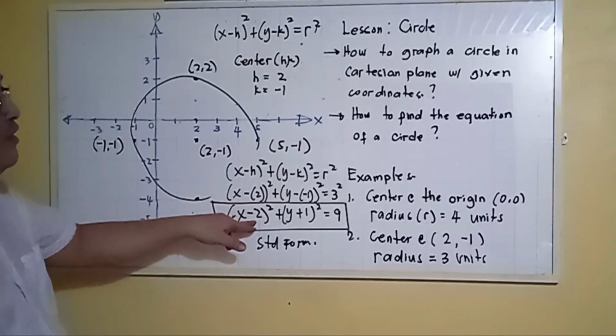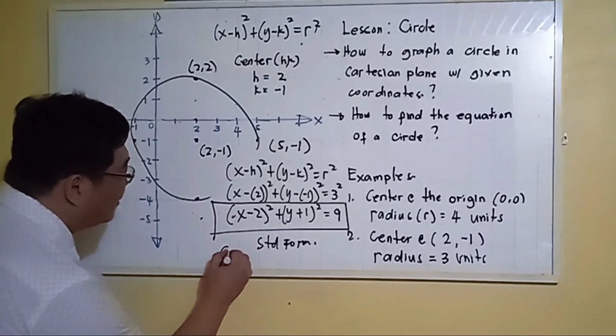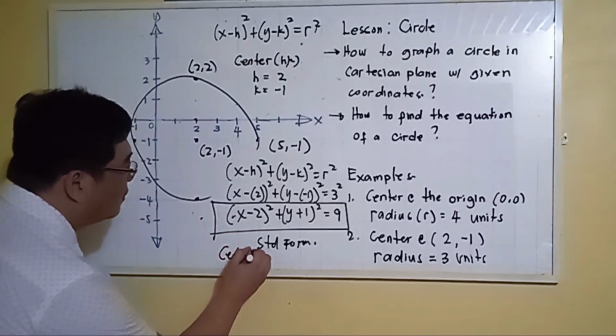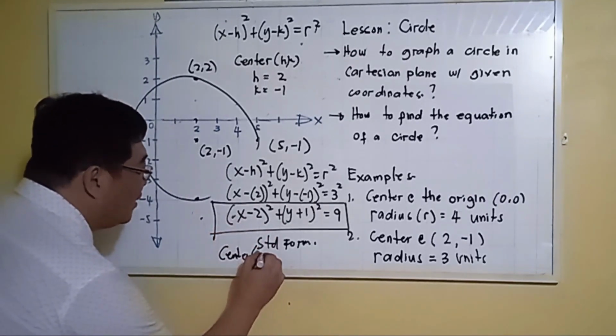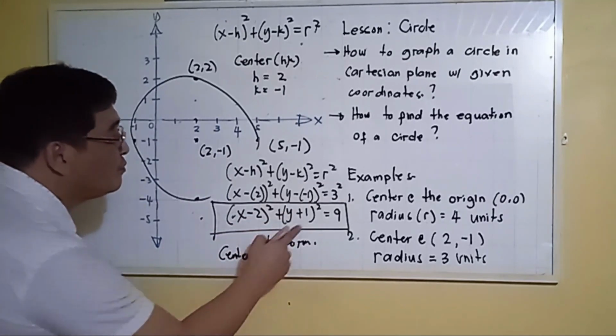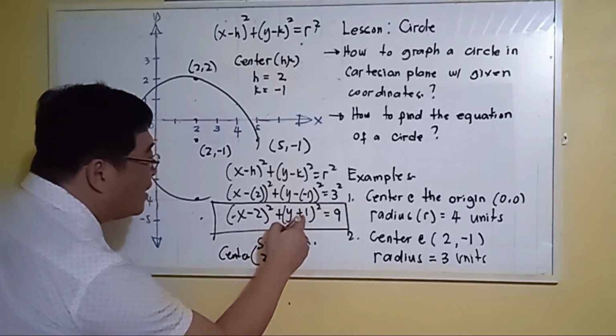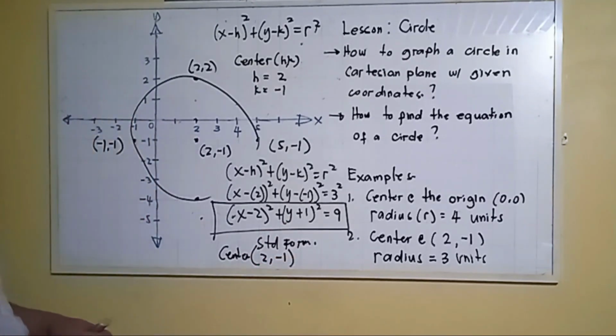Let's say, yung hk nyo, yung center, negative 2 yung x, yung h, so magiging positive 2. Yung k is positive 1 dito, pagdating sa coordinate, negative 1 siya.